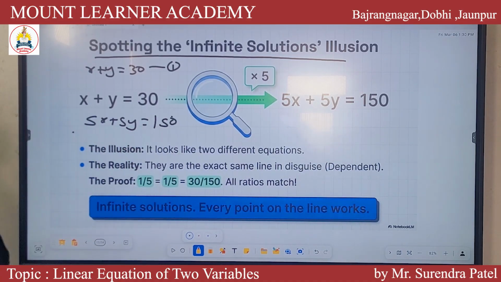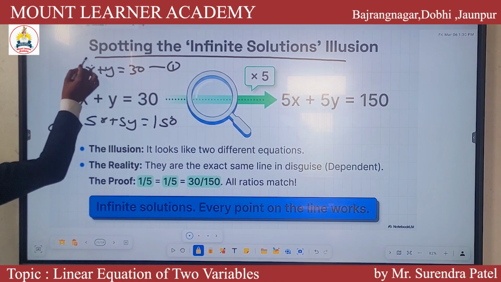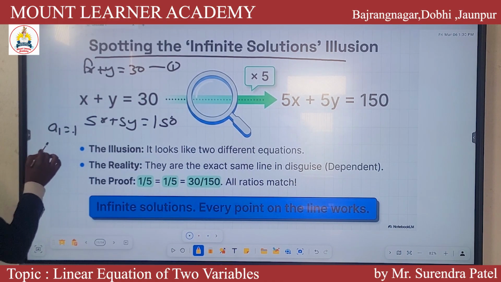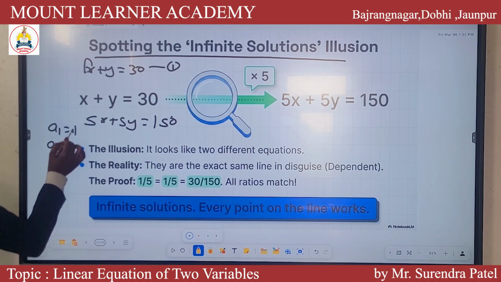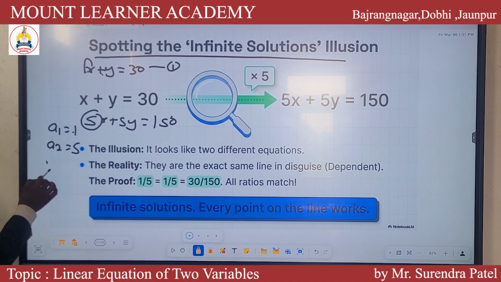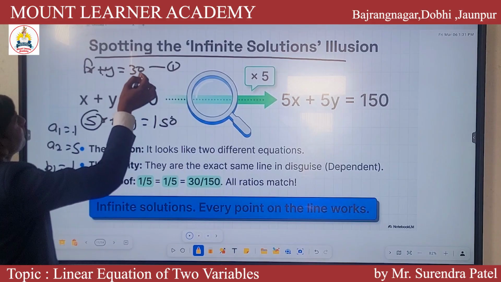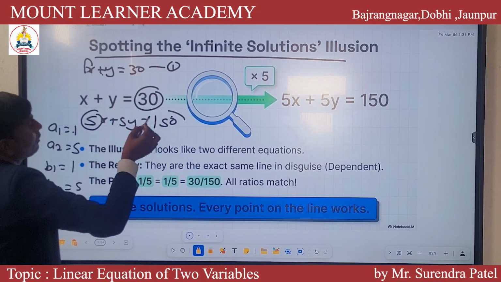If we consider the value of a1, then a1 is equal to 1, the coefficient of x, the value of a2, the coefficient in the second equation, is 5, b1 is 1, b2 is equal to 5, and these are the values of c1 and c2.